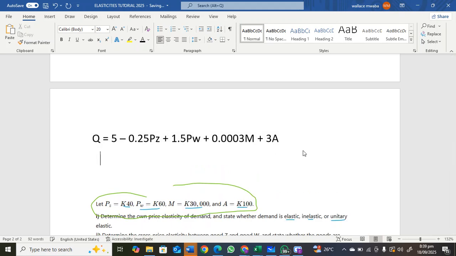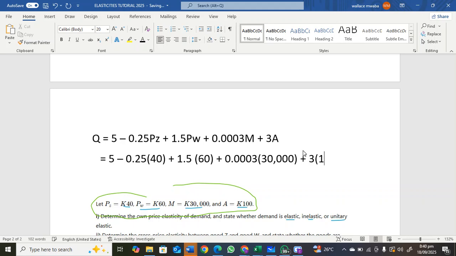Okay, so they've told us PZ equals 40, so it's 5 minus 0.25 times PZ, which is 40, plus 1.5 times PW, which is 60. Let's get our calculators. Plus 0.00003 multiplied by 30,000, plus 3A, A is 100 here.